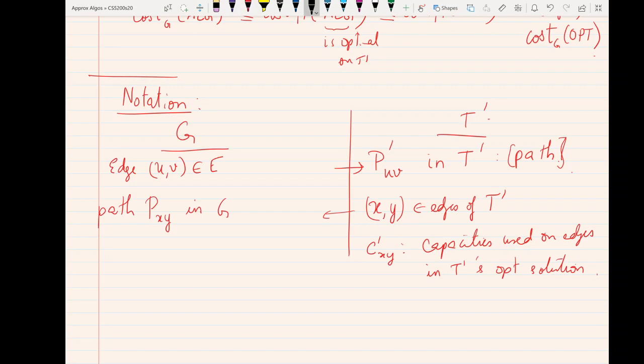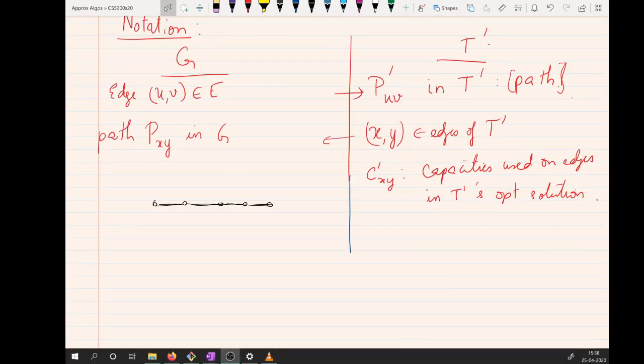So notice that the above mapping also gives you a mapping between paths in G to paths in T prime. Maybe not simple paths, because if you have a sequence of edges constituting a path in G, then you have a corresponding path in T prime, which consists of the concatenation of the paths corresponding to each of these edges.